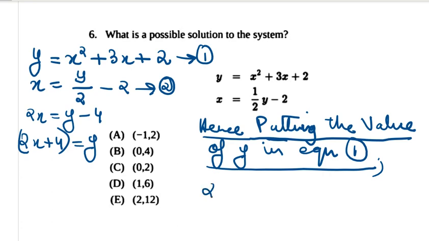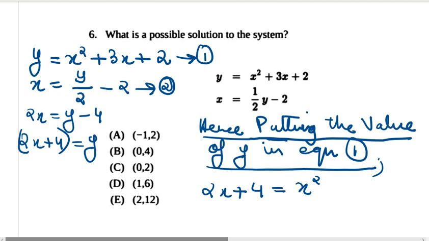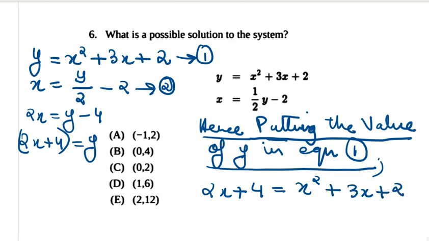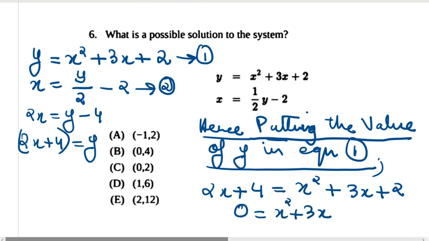So y is 2x plus 4 is equal to x square plus 3x plus 2. So here 0 is equal to x square plus 3x, and you take the minus 4 there, you can take minus 2x, it's minus 2 here.